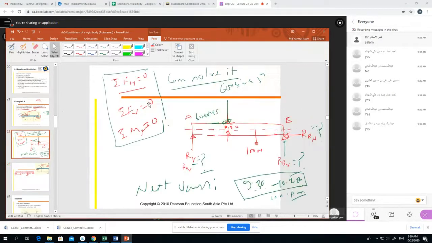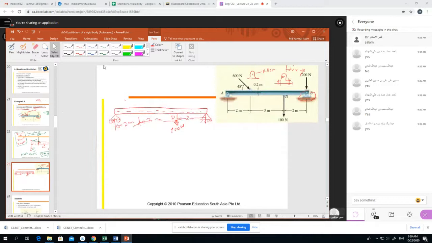I showed you before, an inclined force has to be divided into two components. One is like this, and it is 600 sine 45 degree, and the other is working on this surface. There is a distance between these 2 points.